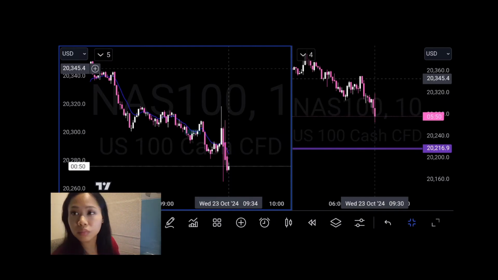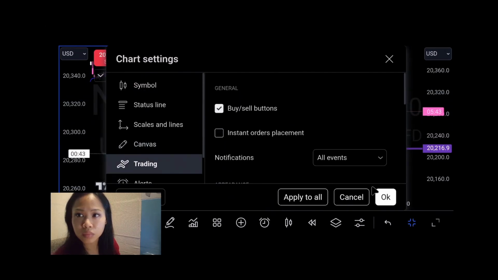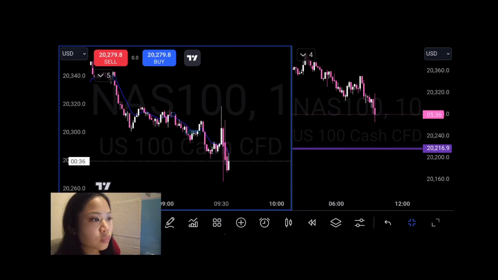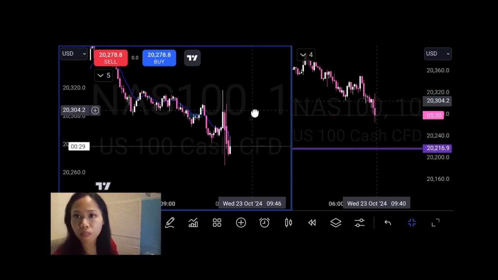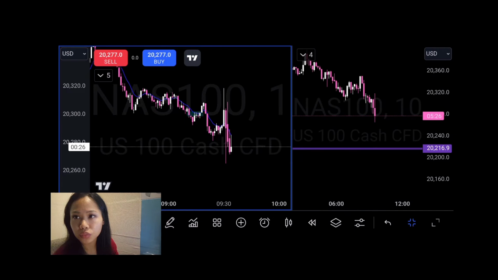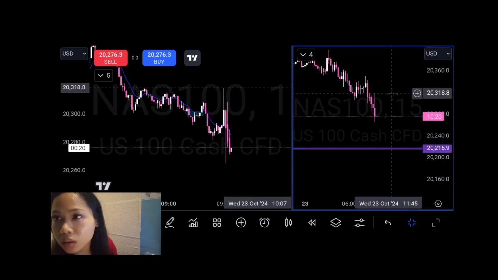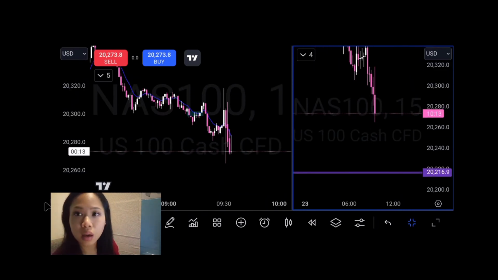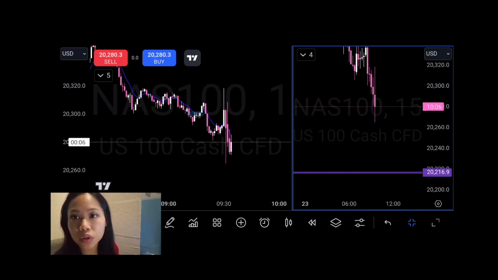I'm looking to sell. My TP will be down here, only because the 15-minute traded into this gap that I like. So if this candle here pushes lower, I will be interested in selling.